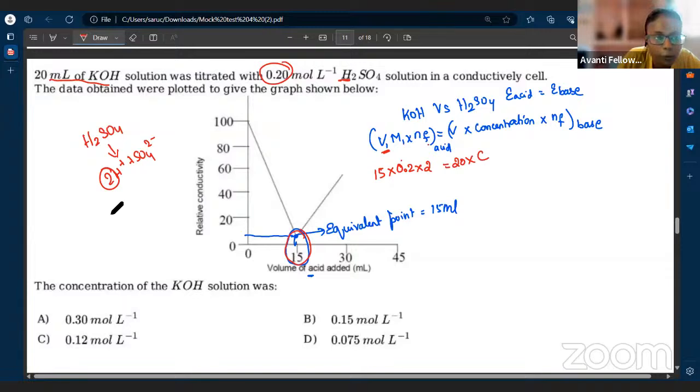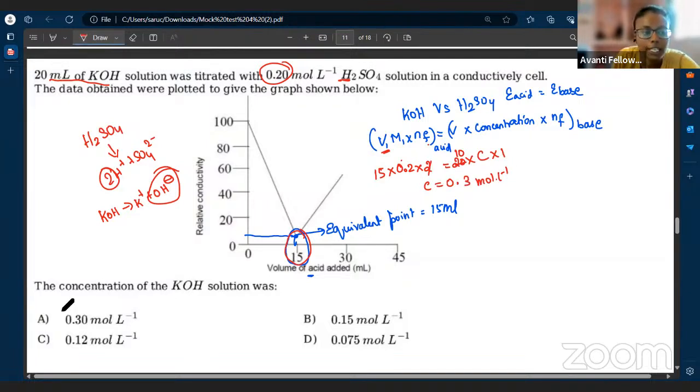What is the n-factor for KOH? KOH dissociates into K+ and OH−, so it can give out 1 OH−. So n-factor is 1. What will C be? Just evaluate it. C is going to be 0.3 mol/L. So option A is the right answer. Got this question, everyone? Clear?